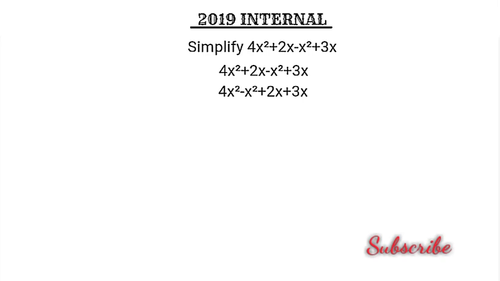Now I'm going to subtract x squared from 4x squared, which gives me 3x squared, then 2x plus 3x will give me 5x. So this is the correct answer. Let's go to the next question.